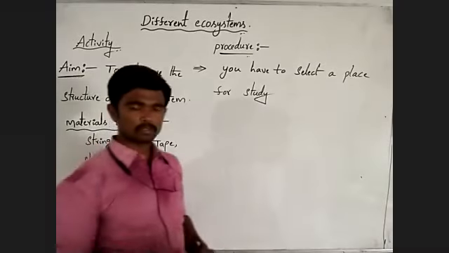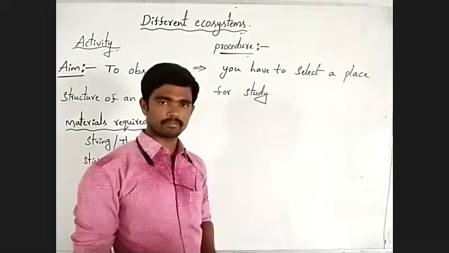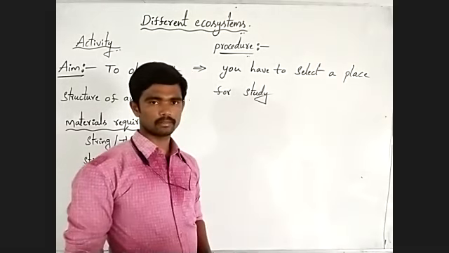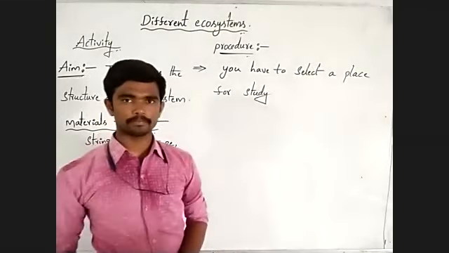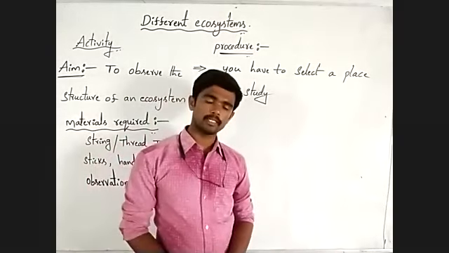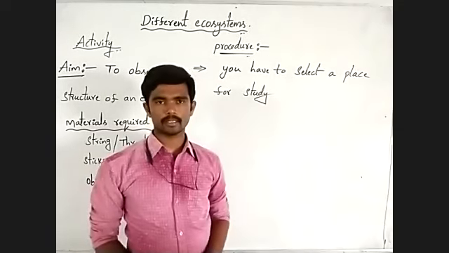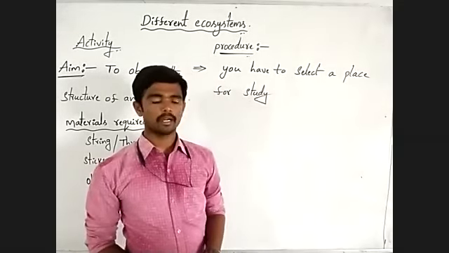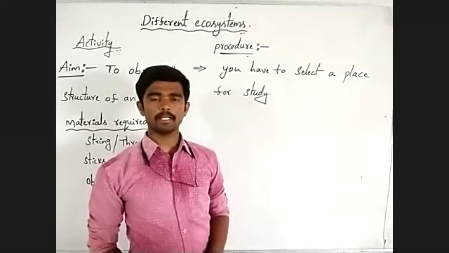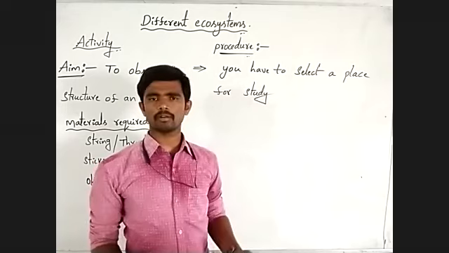For example, school garden or your agriculture field, means a bare area, not a crop field. Next, a hill place or grassland or roadside place. Like this, any other place you can select.